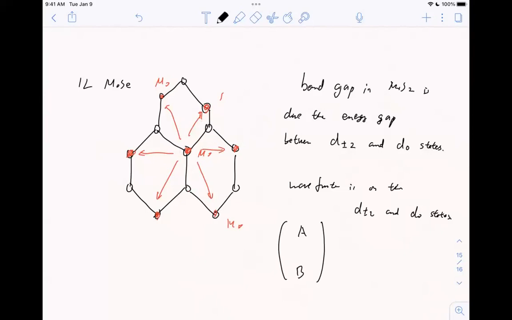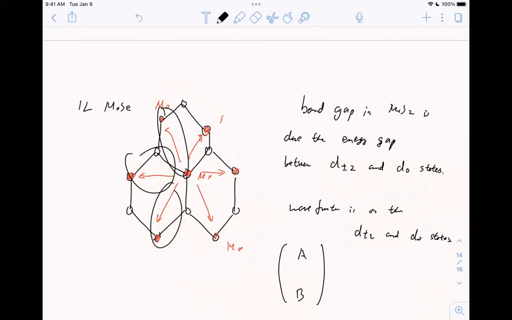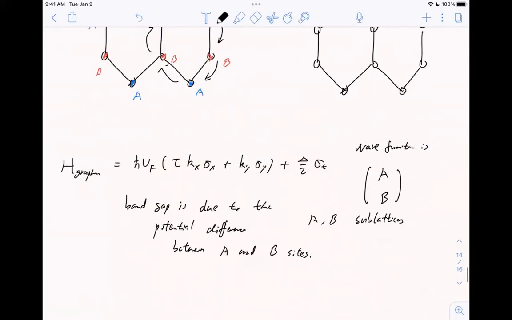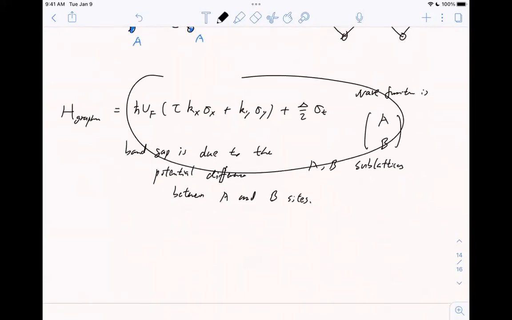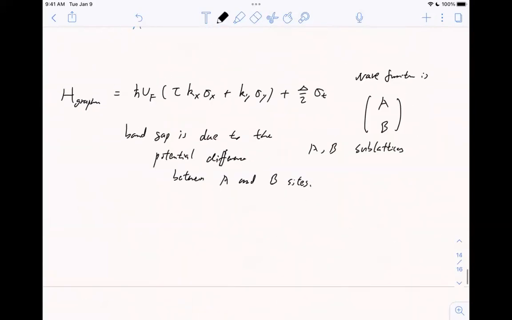But just this time, when I learned it more carefully, I found it's actually very different. Both A and B are in the same site. The band gap opens because two different orbitals split because of the surrounding environment. And even the hopping is different. It's hopping from Mo atom to Mo atom in a nearest neighbor tight-binding model. So graphene is somewhat different. Although both of them follow the Dirac equation, the physics is not the same.